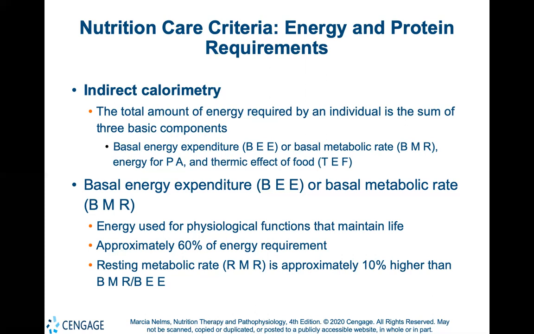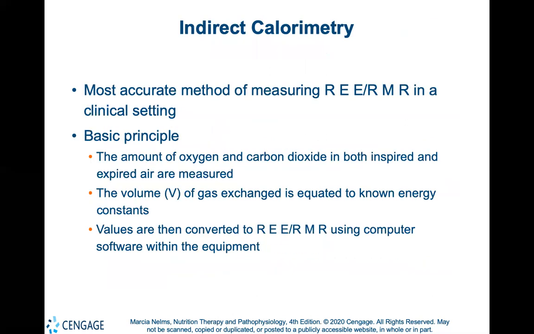The volume, V, of gas exchange is equal to known energy constants. Values are then converted to REE or RMR using computer software within the equipment. The use of indirect calorimetry is becoming increasingly popular, although cost and availability of equipment continue to limit its routine use in many institutions.